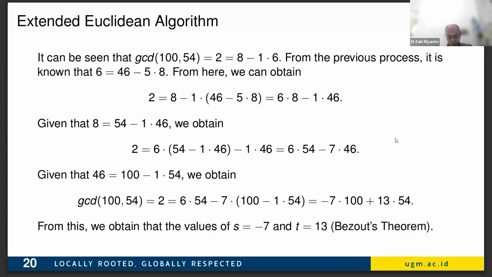And we also use the Euclidean algorithm to find the values of s and t in Bezout's theorem. So the idea is just to reverse the Euclidean algorithm. Okay. And we can find the values of s and t.